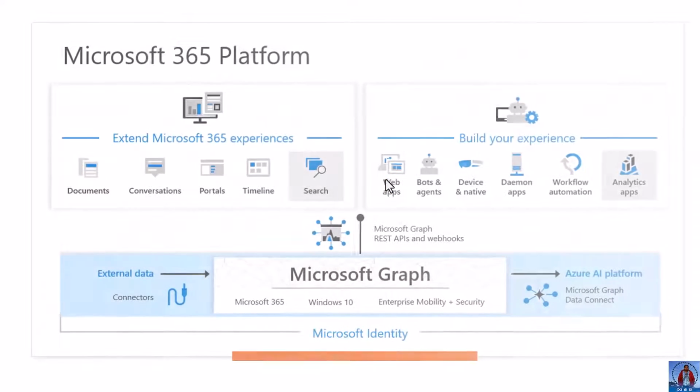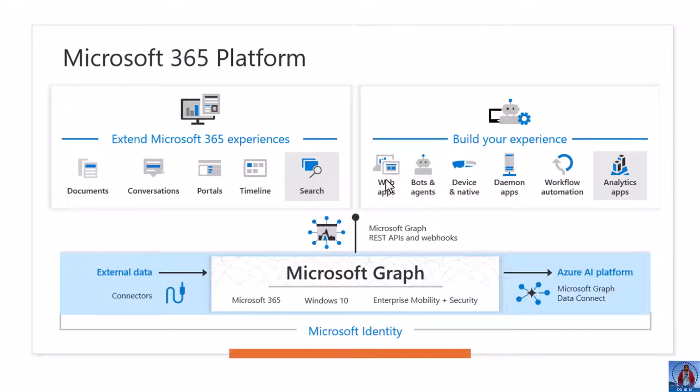In recent days, you might have heard about the Copilot. Microsoft Copilot uses the Graph API extensively. As you can see, in the stack which is built on the Microsoft 365 platform, the Microsoft Graph API lies exactly on top of the Microsoft identity.